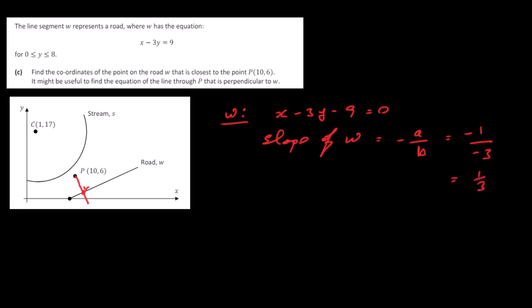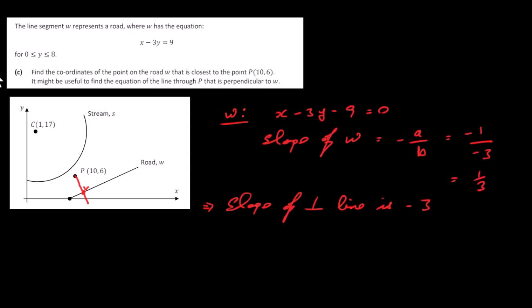So the slope of W is 1/3, so the slope of a perpendicular line is, turn this upside down, change the sign, it's going to be minus 3. So we now have the slope of this line here, and we have a point on the line, so we can find the equation of that line.